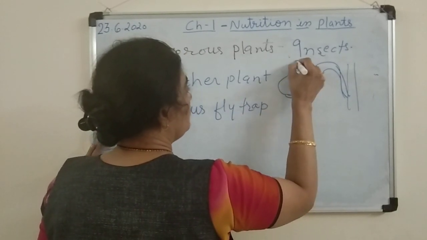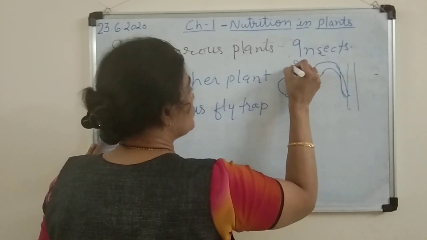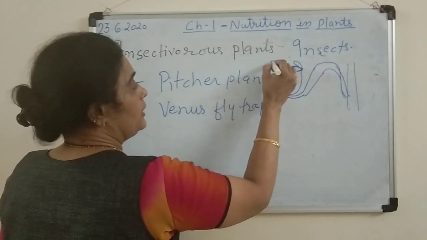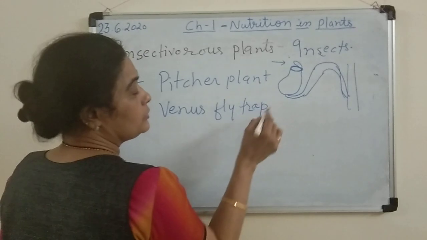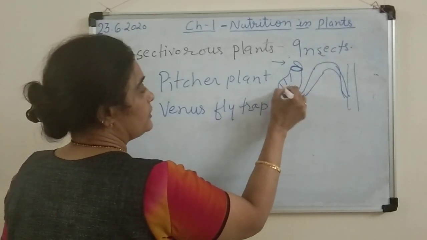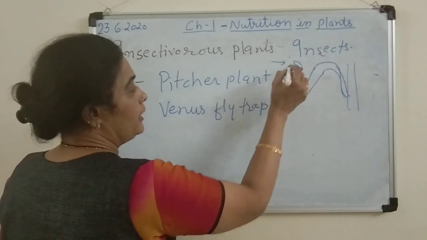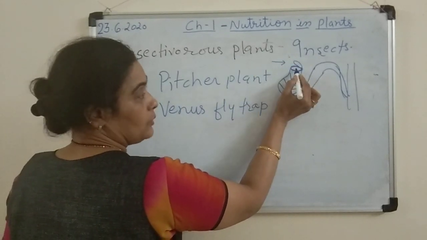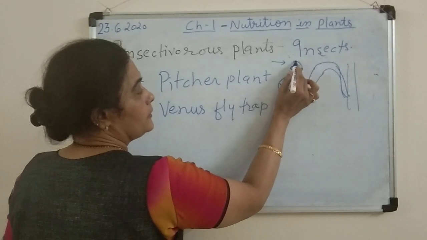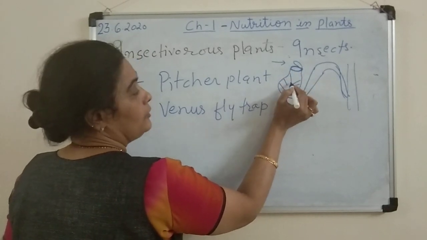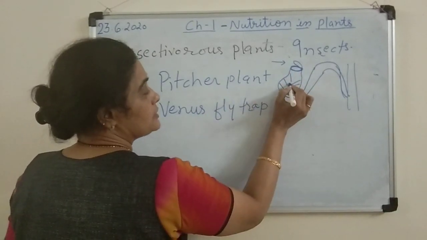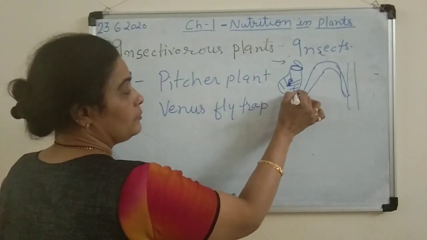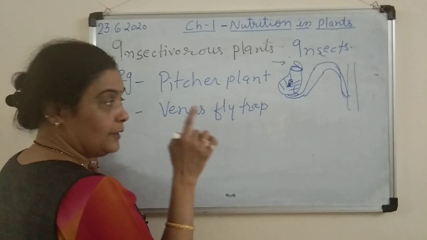They have a lid, and the lid has a very sticky and attractive red color. Insects get attracted to this and they have bristles and a liquid inside. As soon as the insect comes close to the mouth and enters, the lid gets closed and the insect is inside. Then this insect is digested and absorbed by the plant. This is in the pitcher plant.